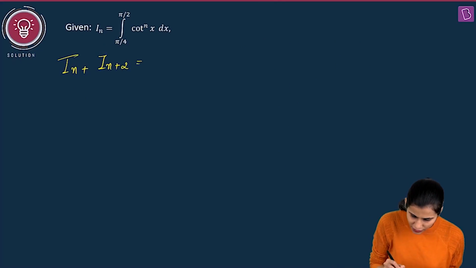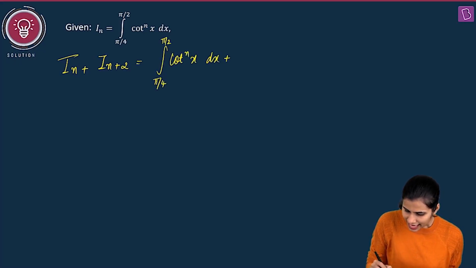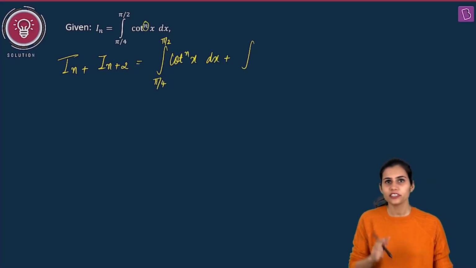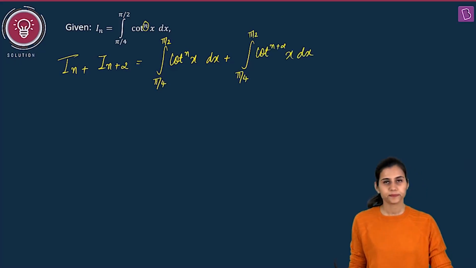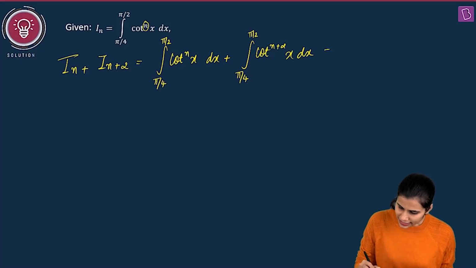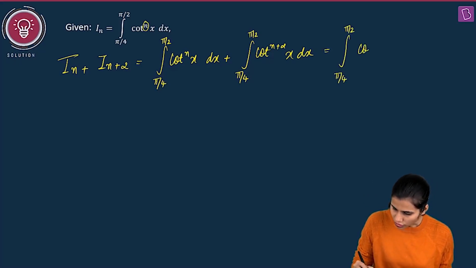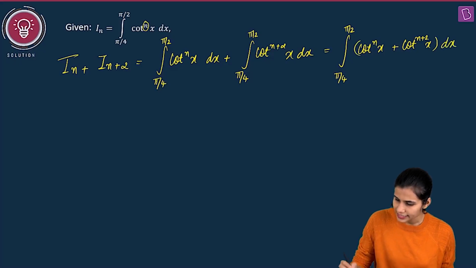Okay? So In we know is integral pi by 4 to pi by 2 cot raised to the power n x dx. In plus 2 will be nothing but in place of n here you just write n plus 2. So this will be integral pi by 4 to pi by 2 cot of n plus 2 x dx. Okay. So this in the next step gives me integral pi by 4 to pi by 2 cot to the power n x plus cot to the power n plus 2 x whole dx.